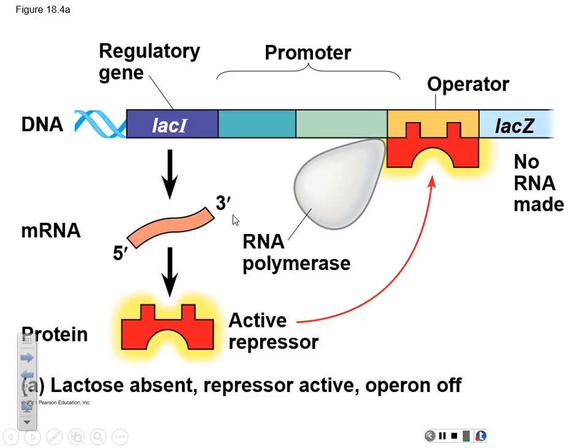That's the only time it makes sense, because you're talking tens of thousands, probably hundreds of thousands of ATPs to make these proteins, and you don't want to do that unless there's a fair amount of lactose that you're going to be able to break down into ATPs so you can recoup that investment.